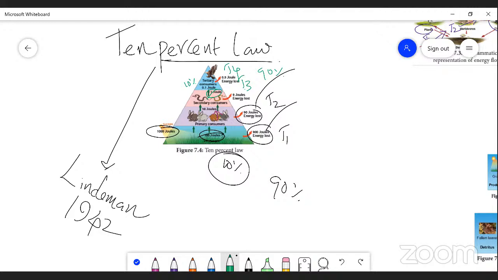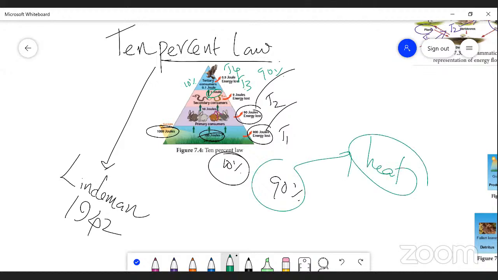Students, did you understand what is the 10% law? According to the 10% law, whatever amount of energy is given, only 10% is utilized and transferred from one trophic level to another. The remaining 90% is lost in the form of heat, right?